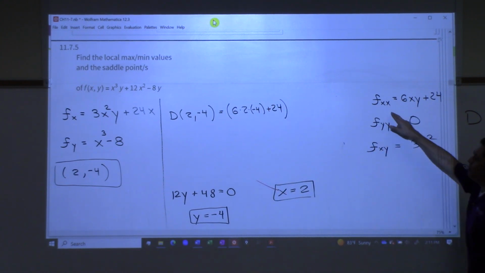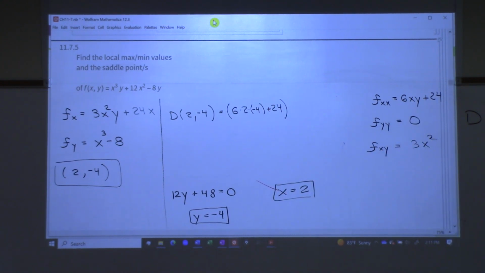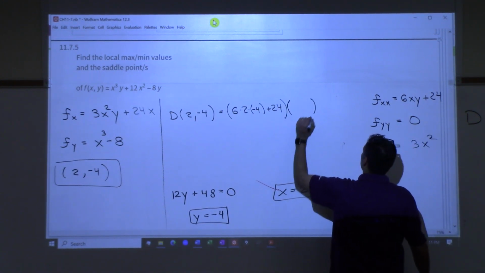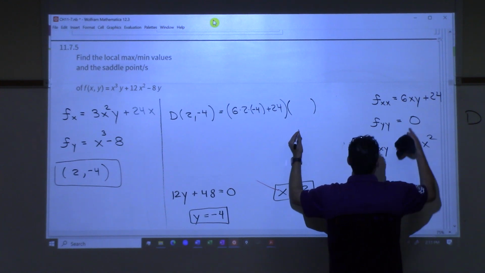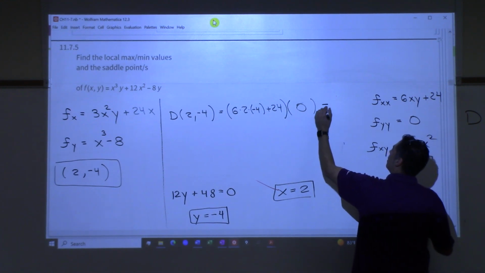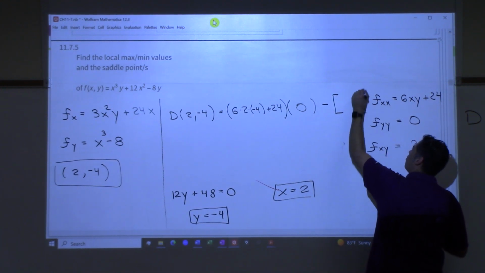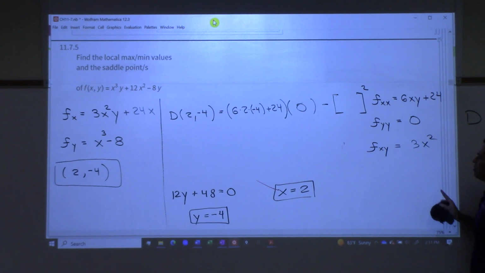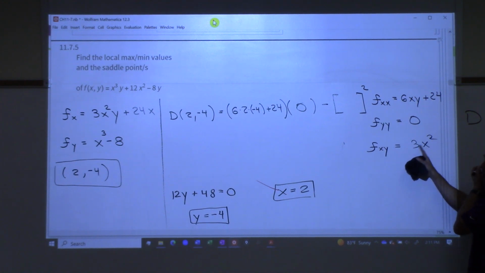I'm doing the partial with respect to x twice at the point, and then I'm multiplying that times, that times what? 0. So that all doesn't matter, does it? It's all going away. And then minus something here squared, which would be, if I plug in, what am I plugging in here? 2 for this? I get 12?